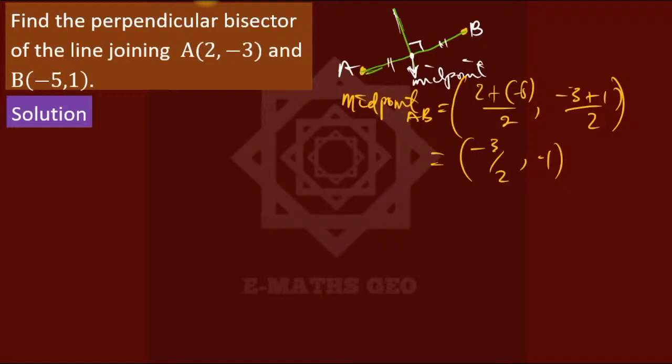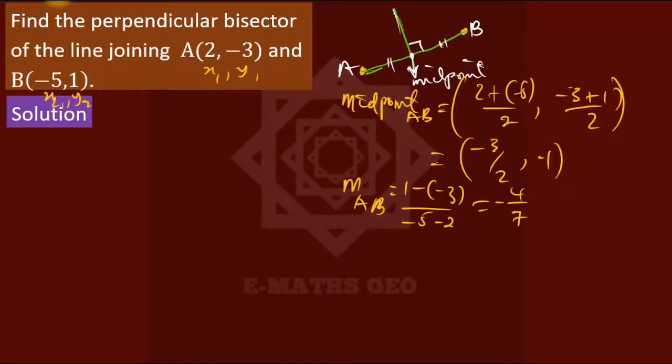Now the slope of line AB, let's call it m_AB. The slope is change in y over change in x. If we take this to be x1, y1 and this x2, y2, then the change in y is 1 minus 3, and the change in x is minus 5 minus 2. So I have minus 4 over minus 7, that's 4 over 7.